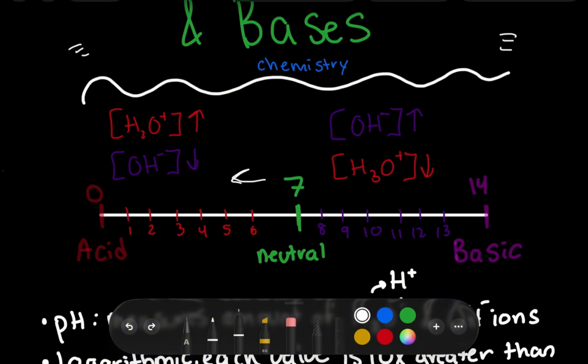Now if we look at the right, with those that have a pH higher than 7, which is heading towards basic, these are our bases. So as we become more basic, the concentration of hydroxide ions is going to increase while the concentration of the hydronium ions is going to decrease.